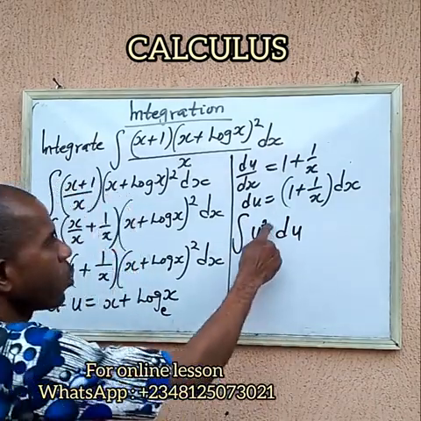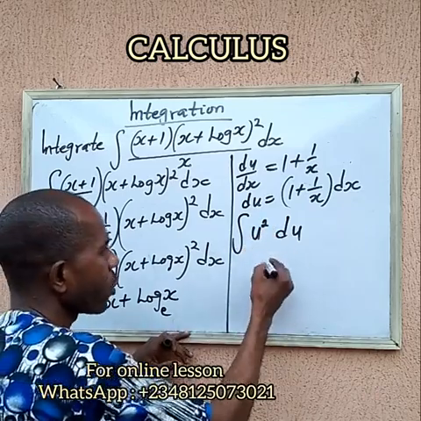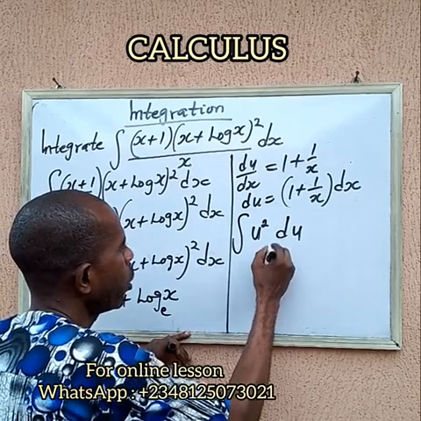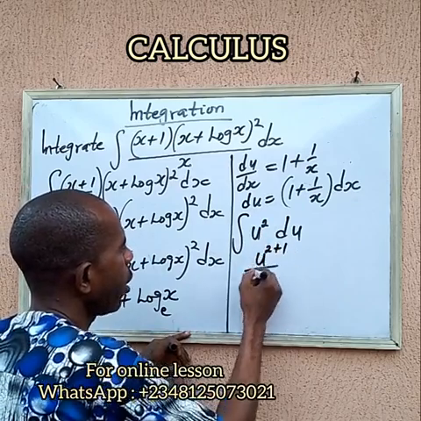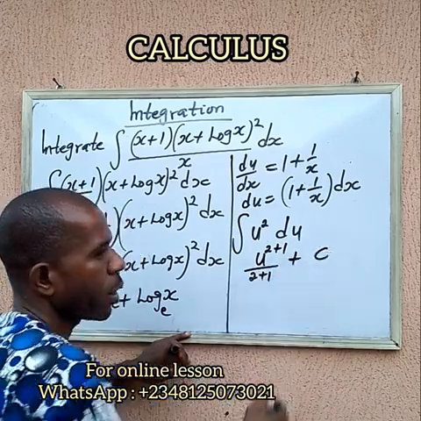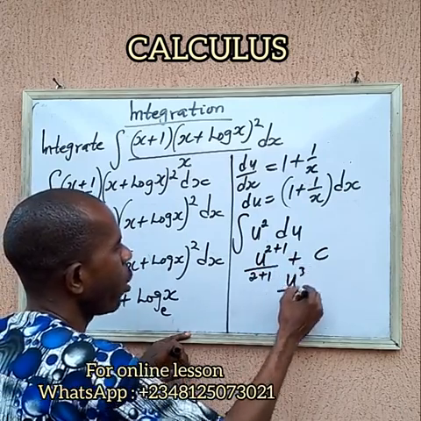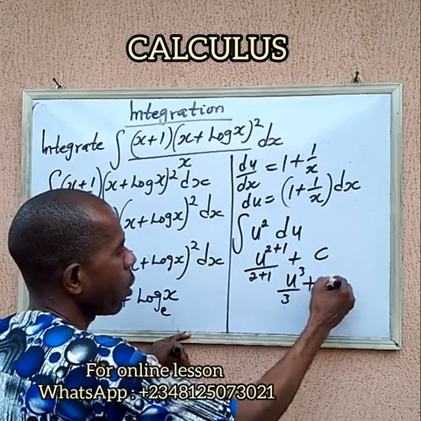Remember, to integrate means we add 1 to the power, then divide by the result, which means we're going to have u to the power 2 plus 1 all over 2 plus 1, then plus what? The constant. So this will now give us u raised to power 3 all over 3 plus constant.